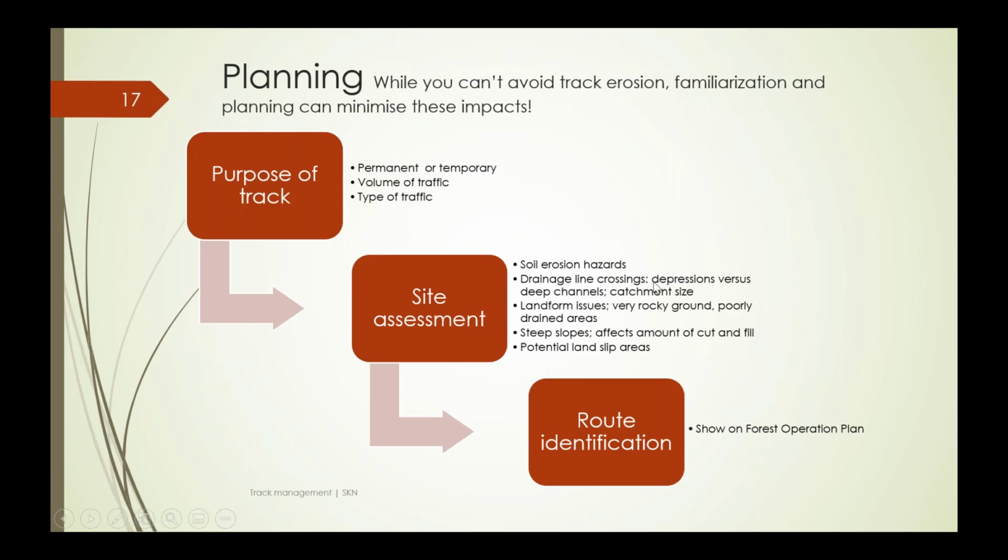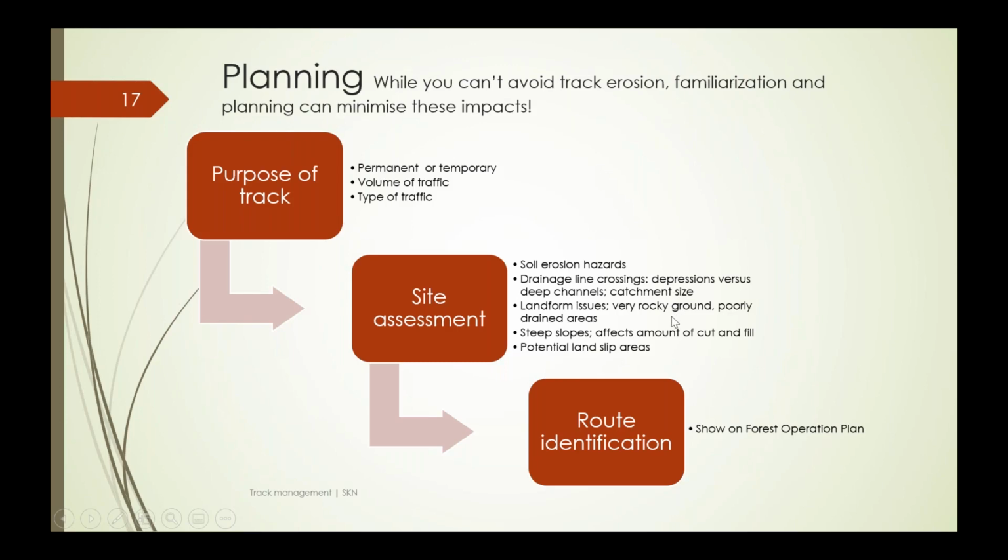where you'll be putting in drainage line crossings. You'll have a map which has your drainage lines marked on it, your first order and second order streams. You also need to note where you've got depressions, areas which will carry water, which will get saturated, and which could cause a problem if you need to go through them.